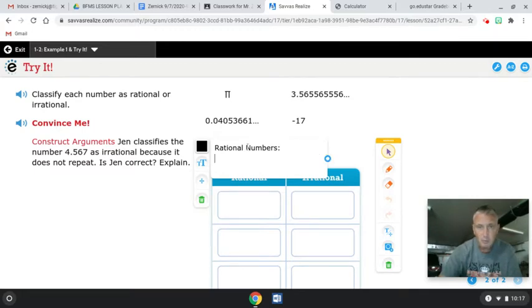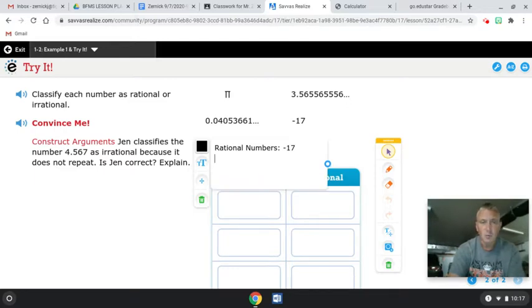And I'm going to type in the rational numbers that they gave us. You may have to move that around, but when you type rational numbers in here, like one of them is -17, one of them is... these ones up here, these are all irrational, so these would be my 3 irrational.